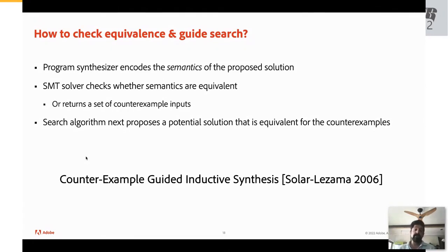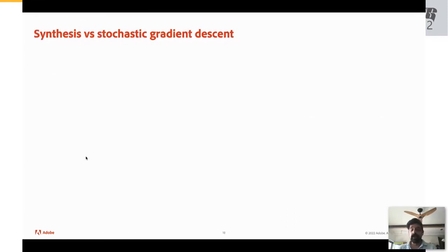We pass those back to the search process, which then proposes a new program. This algorithm is called counterexample guided inductive synthesis, or CEGIS, and there is a pretty rich history of applying this to a bunch of different domains. And for Dexter, we applied it to image processing.